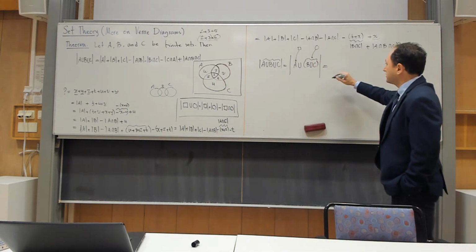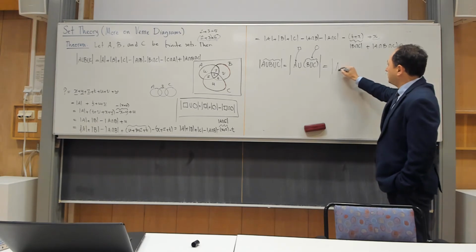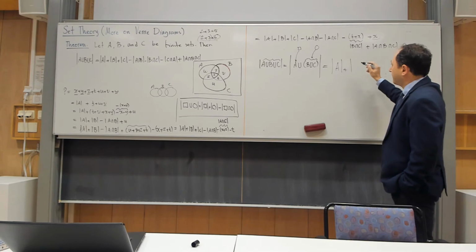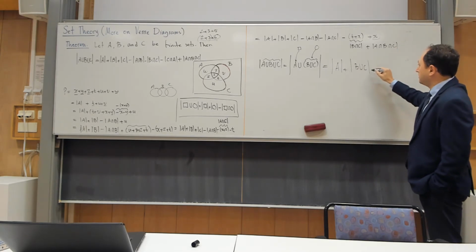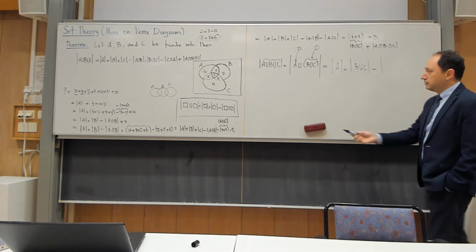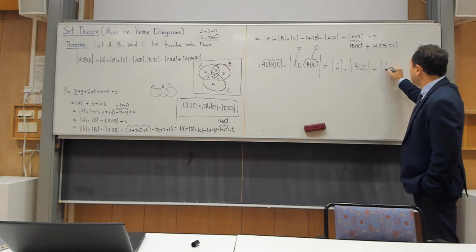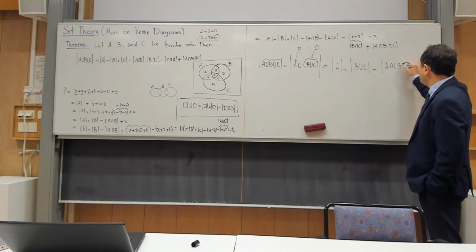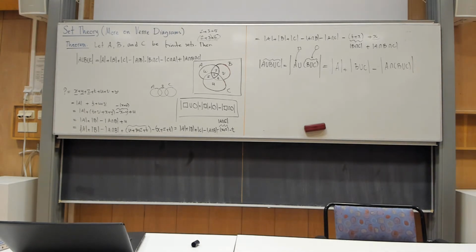What should I write first? Cardinality of which set? Cardinality of A plus cardinality of B union C minus the cardinality of the intersection between them. So it becomes A intersection (B union C). Agree? So far so good.